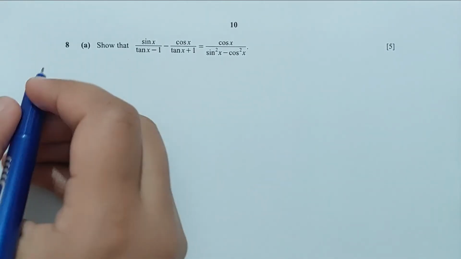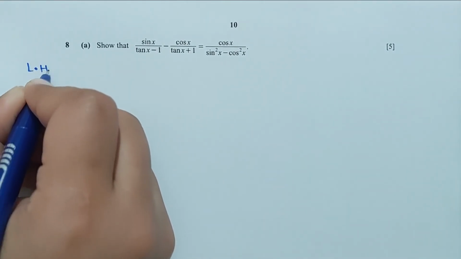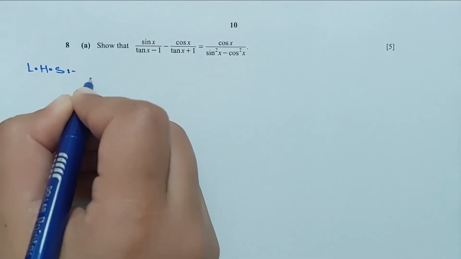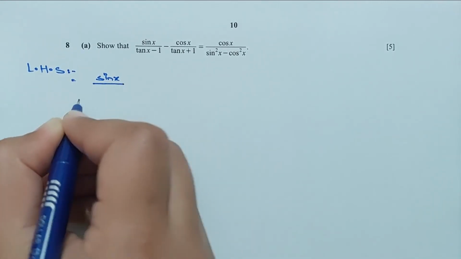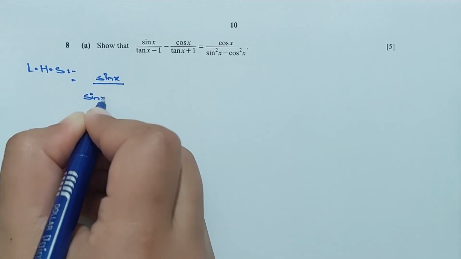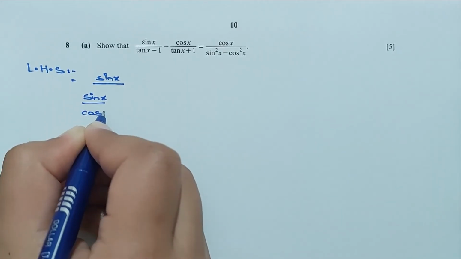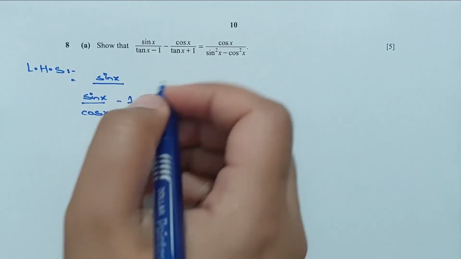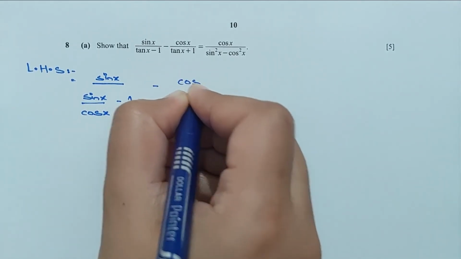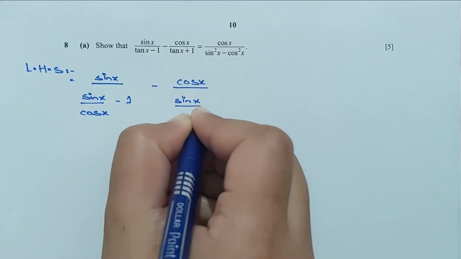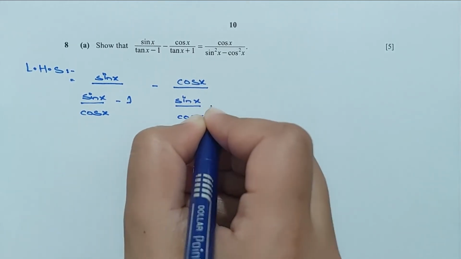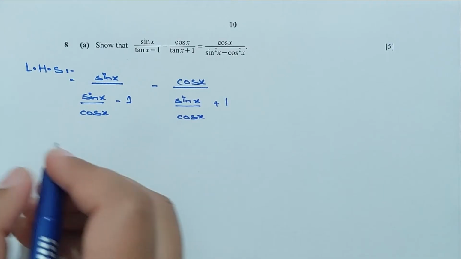Question number 8, part A, show that the left hand side equals to right hand side. Okay, let me start from the left hand side. Sine x over tan x, which is sine over cos, minus 1, minus cos x over sine over cos plus 1, right?